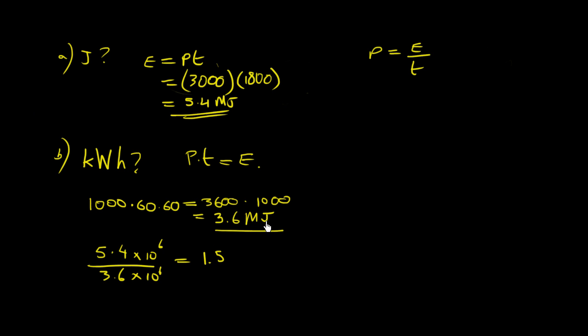And what are we working in? Kilowatt hours. So the answer would be 1.5 kilowatt hours. Okay, that's one way of doing it, which is to first find out how many joules is in 1 kilowatt hour and then divide it.